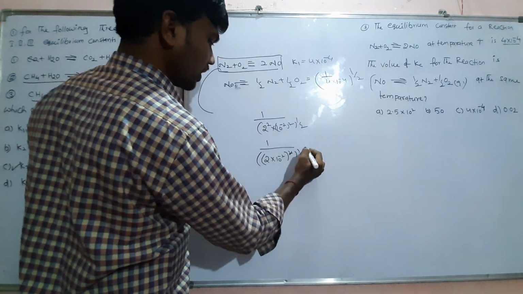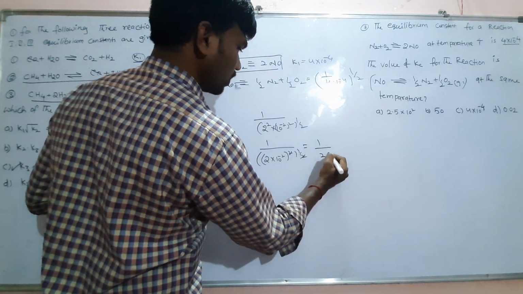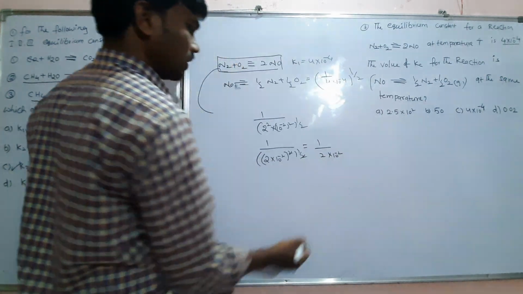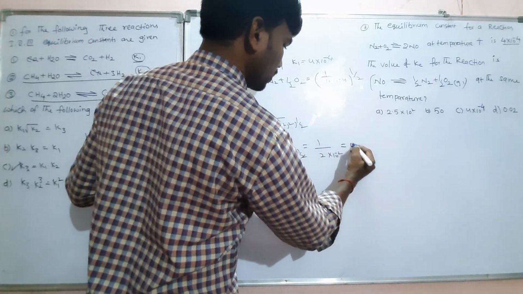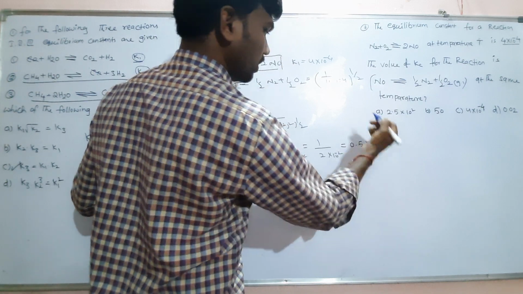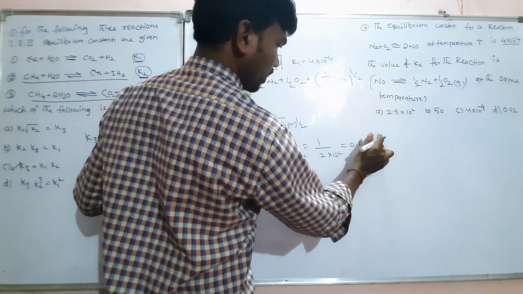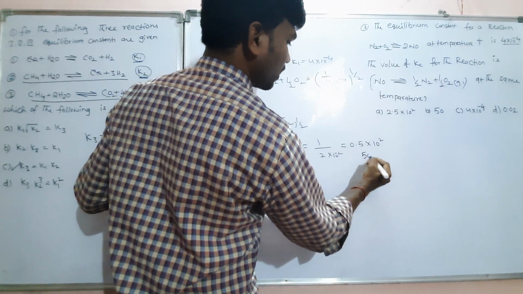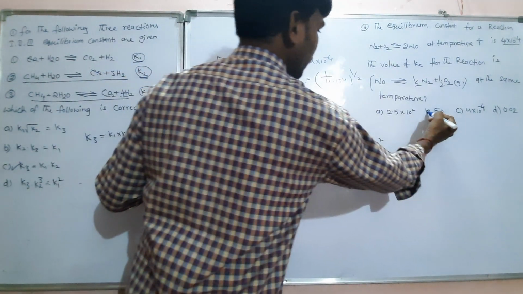This 2 gets cancelled, then 1 by 2 into 10 to the power of minus 2 will be there. 1 by 2 is nothing but 0.5. When 10 to the power of minus 2 is on the top side, it becomes plus 2. When you multiply it, the answer is 50. So the answer is this one, B.